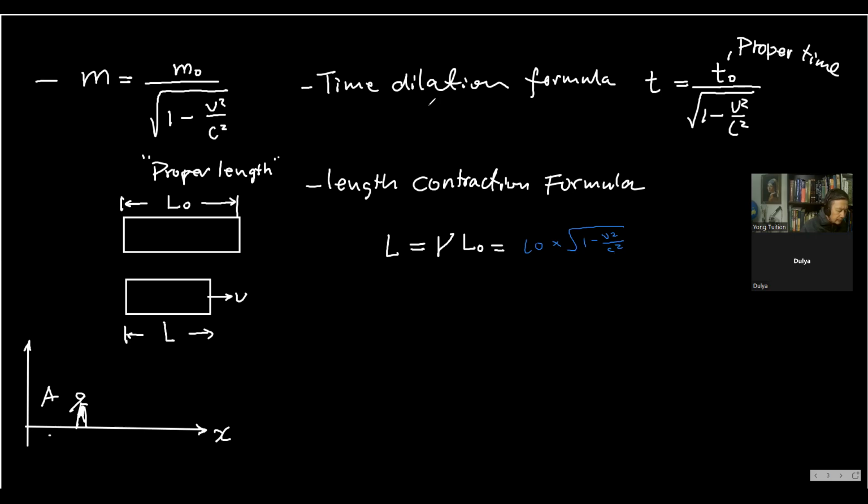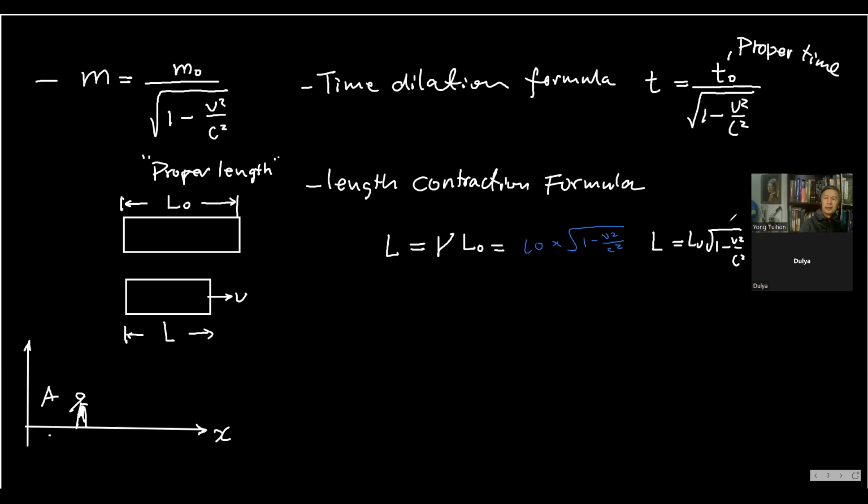Yeah, that's right. So I can write here to compare. This is L = L0 times the square root of 1 minus v squared over c squared.